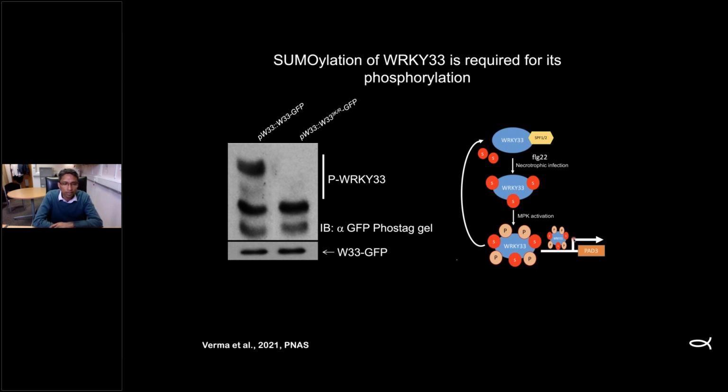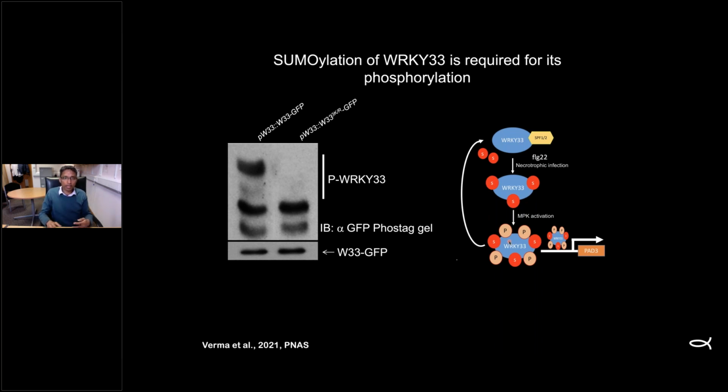So what we've shown here is a new way of looking at signaling. SUMOylation of WORKY33, controlled by SPF1 and SUMO proteases, is nullified when flagellin signaling enhances WORKY33 SUMOylation, which then allows it to interact with the MPK signal cascade and allows phosphorylation to occur, thereby switching on its transactivation activity.